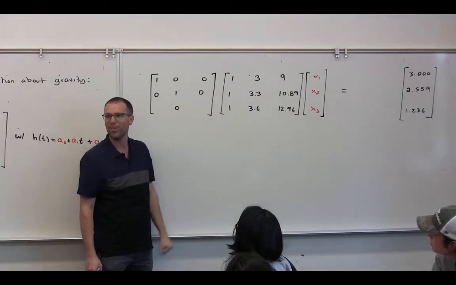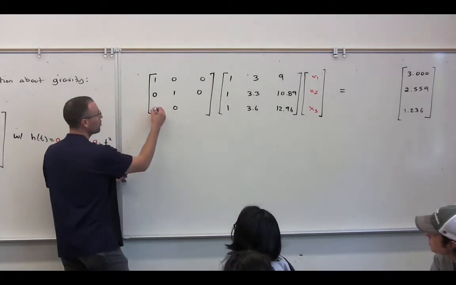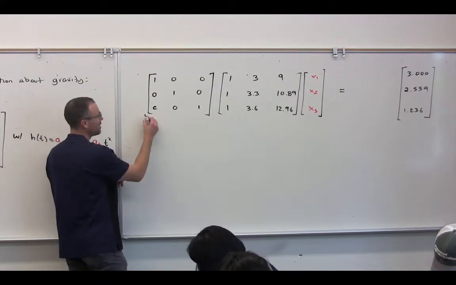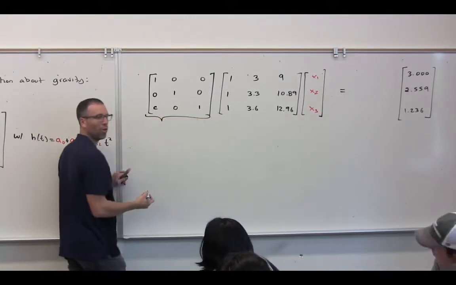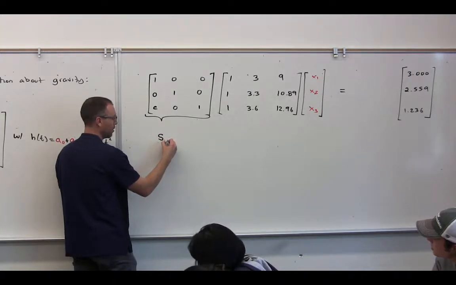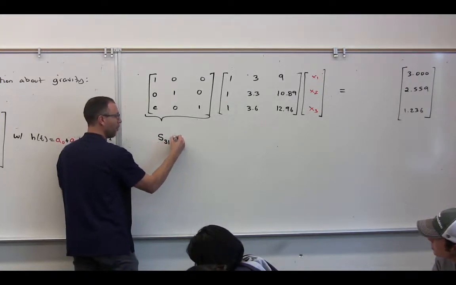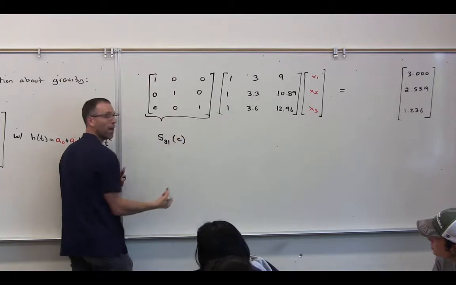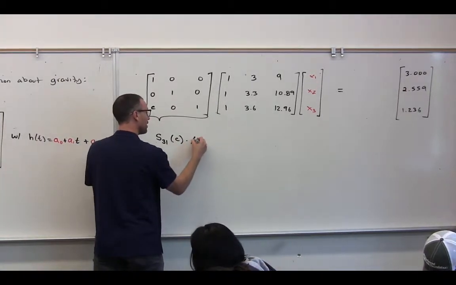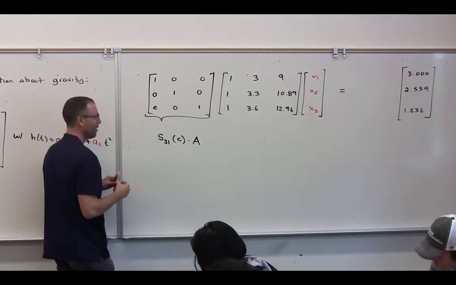Let's call this thing C, and we'll call that 1. Which shear matrix is it? S31 of some unknown C times the matrix A.